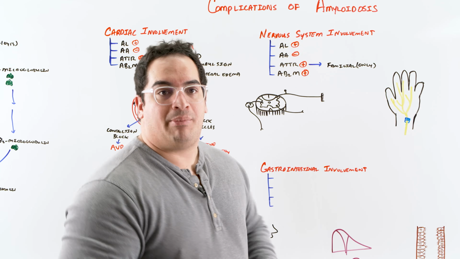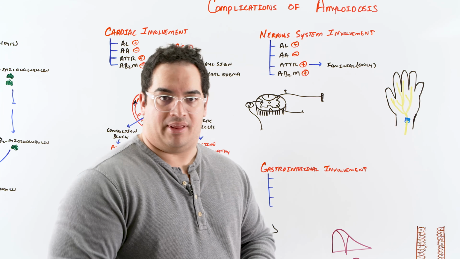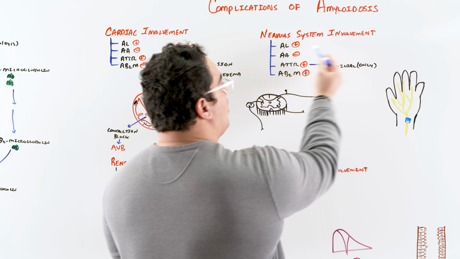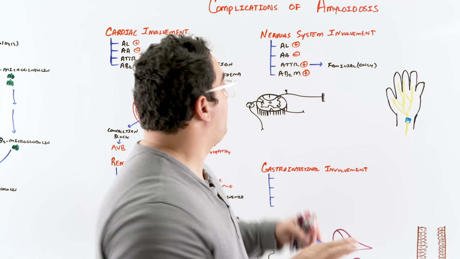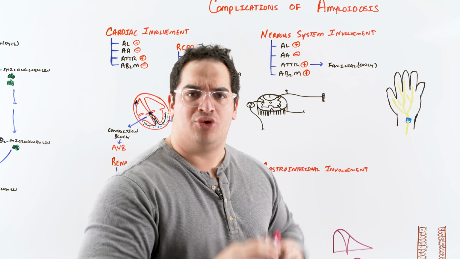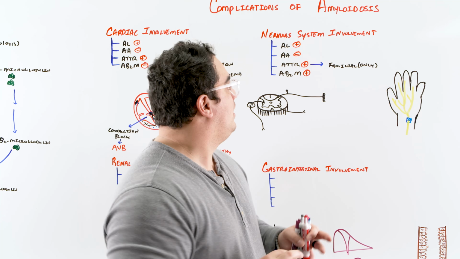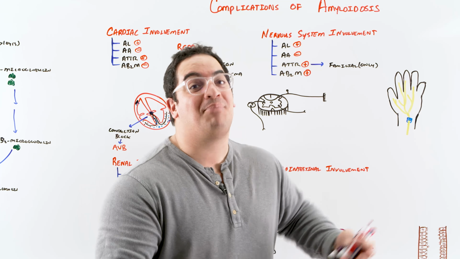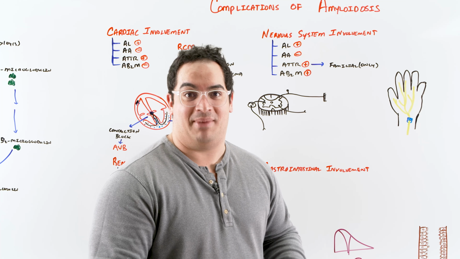AL loves to present with autonomic neuropathy. All right, so I'm going to write these down later, but this is autonomic neuropathy. Remember that. ATTR is peripheral neuropathy, usually multiple nerve lesions. And A beta-2 is carpal tunnel syndrome, which is a type of peripheral neuropathy if it hits the median nerve.